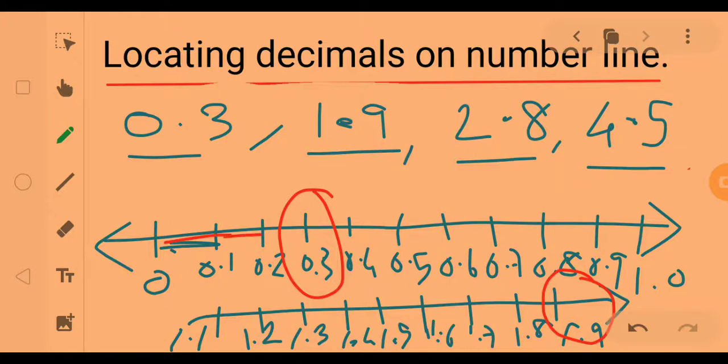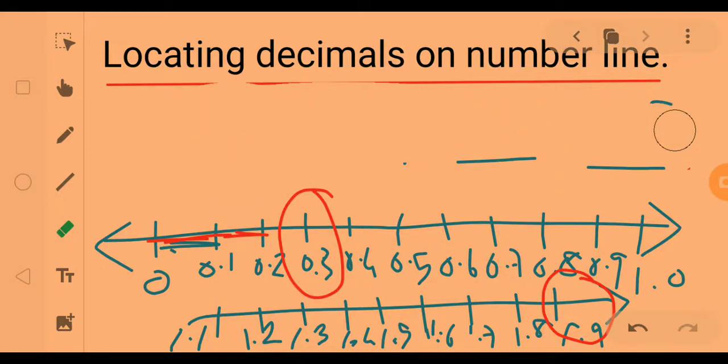I didn't, so the distance is not the same. Take 1 centimeter width for each distance. To show 2.8 and 4.5, I have to extend this number line a little more.